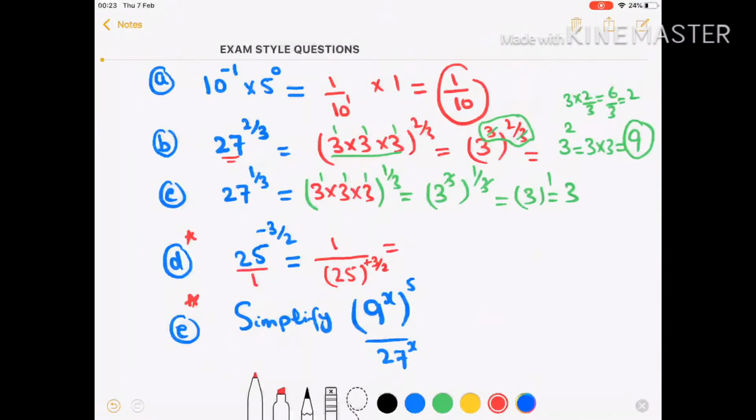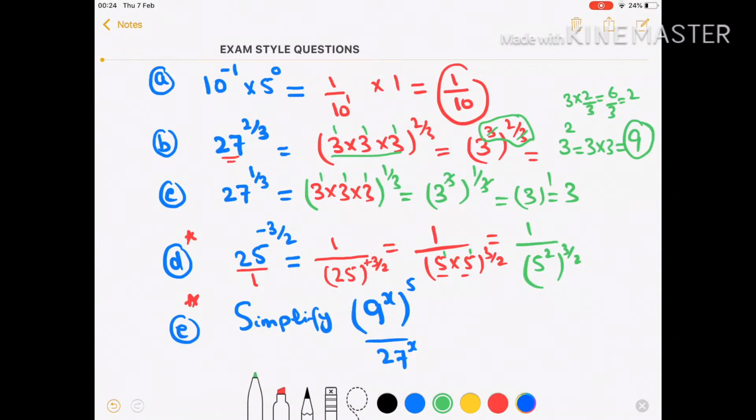After that, we have to simplify 25. How can we simplify? 5 times 5, and the power is 3 by 2. When you multiply, you add the powers. So the 5s are the same, add the power, 2. So it will come 1 over 5 to the power 2, and another power is 3 by 2.